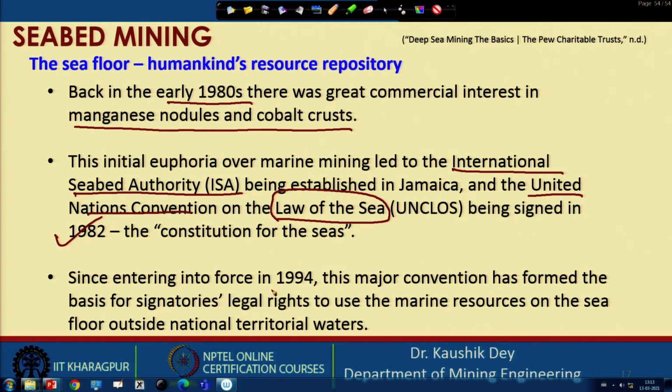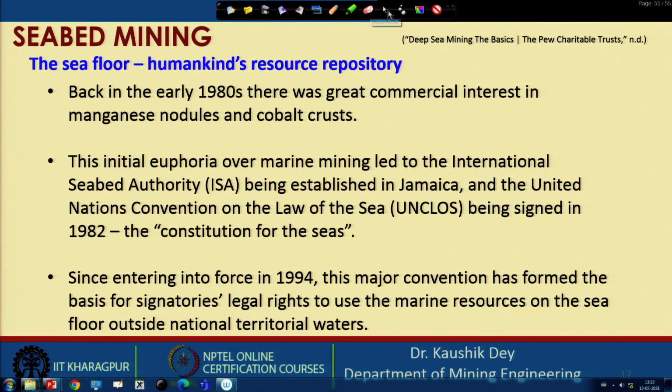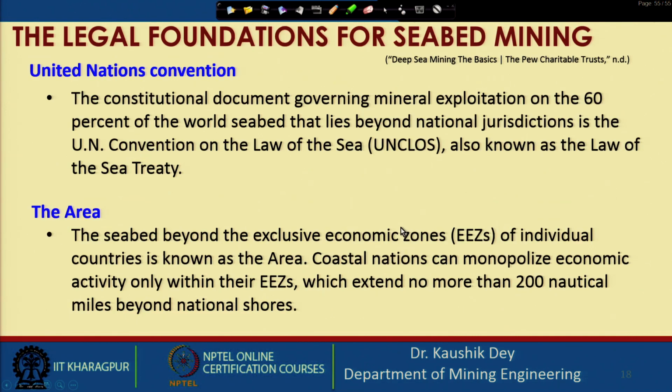So, from 1994 onwards, its signatories ask for the legal rights for excavation of the marine resources in the sea, outside the national territorial waters, and that is why all the efforts are made to regularize these mining practices by the International Seabed Authority.